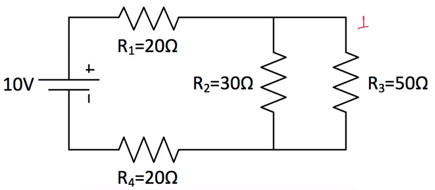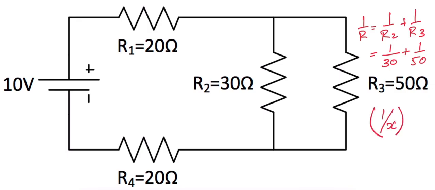Now that we already have understood the equation, which is 1 over R2 plus 1 over R3, you can apply the values here: 1 over 30 plus 1 over 50. And if you do the math here, you can simply use the 1 over x feature in your calculator.